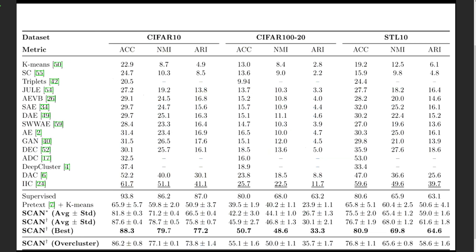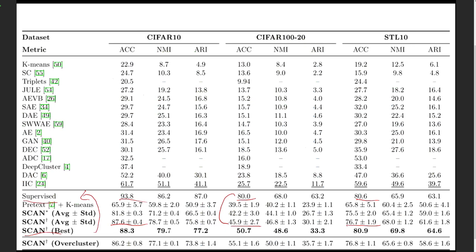And we can directly compare SCAN with the supervised results. I think it has a very good result. Maybe this one is not good enough.